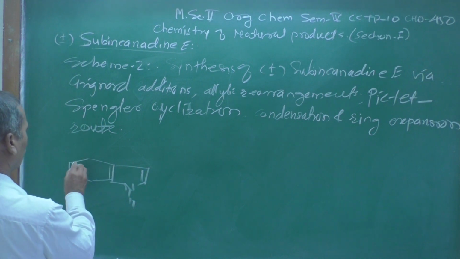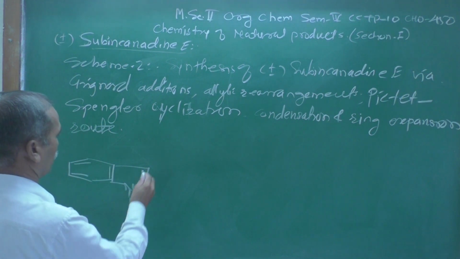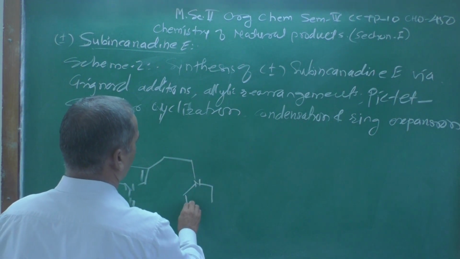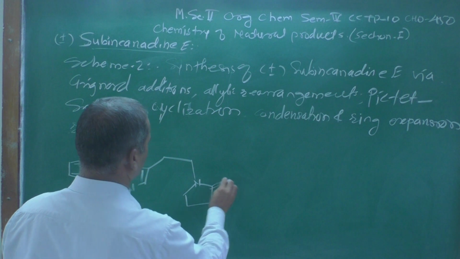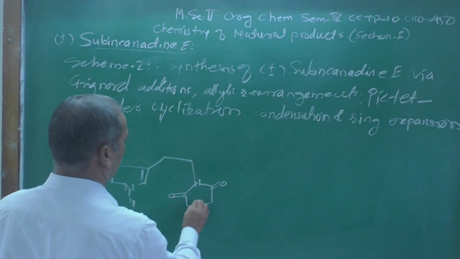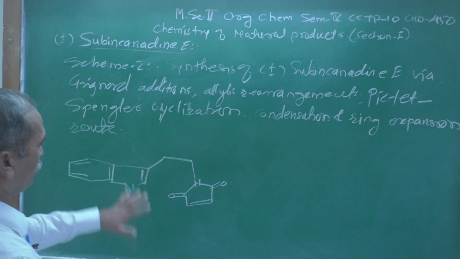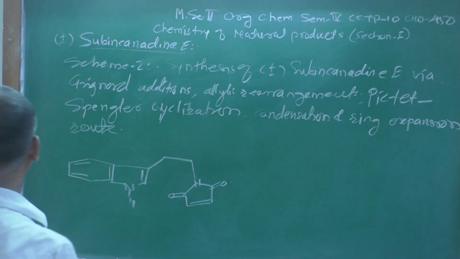Let's see this structure. The indole moiety remains as it is, with N. Here the 5-membered ring is present. This moiety is always along with the indole moiety.